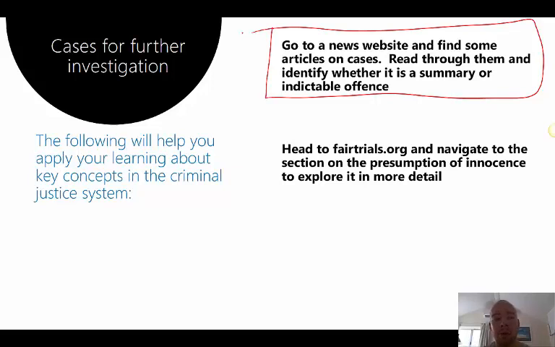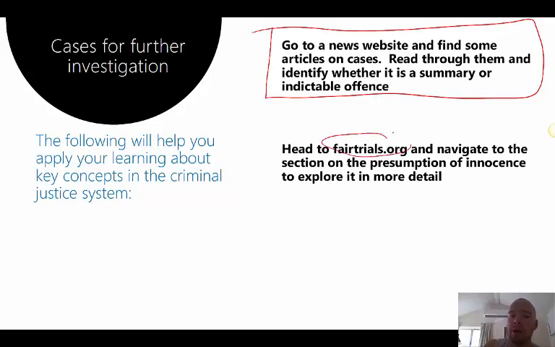Find some articles on crimes and identify whether it's a summary or an indictable offence. I wouldn't be surprised if there's an exam question down the track, or you get a SAC question in your class that has a scenario and one of the first questions is to identify whether this is a summary or an indictable offence. You would need to be able to pick up things like, which court is hearing it? Is there a jury or isn't there a jury? And so on and so forth.